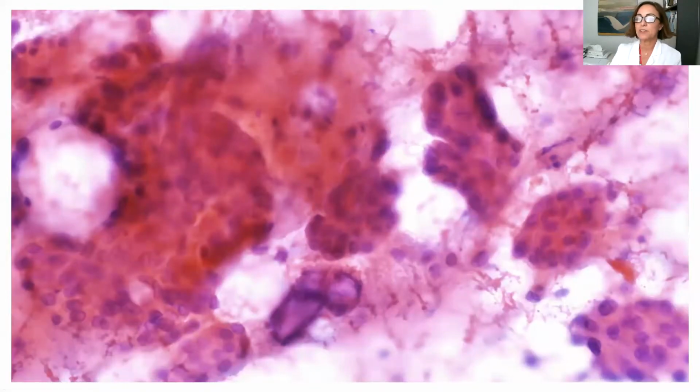And in some cases, we can even talk about the pattern of the tumor. In this case, it's an adenocarcinoma with microcalcification, and we can say that, at least to some extent, this tumor has a micropapillary pattern due to these groups of cells.